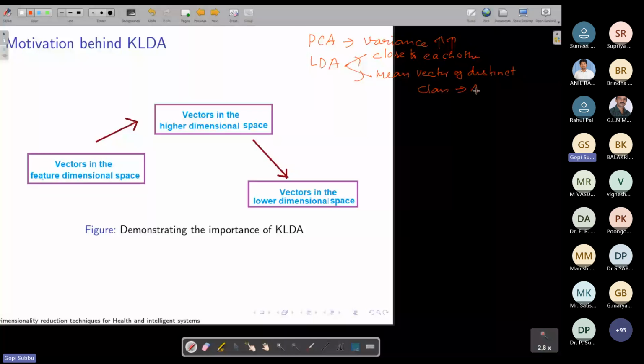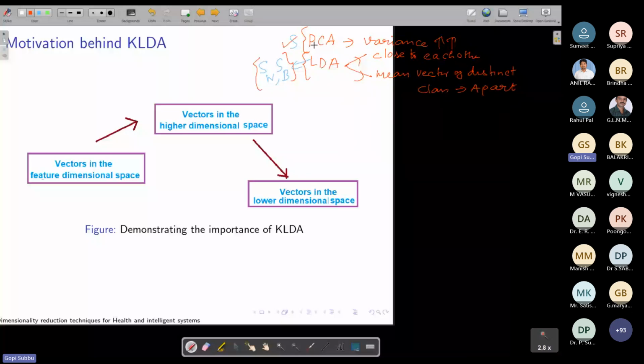PCA has only one scatter matrix, but LDA is going to have two: SW and SB. You know the procedure. We find the scatter matrices, find the eigenvalues, select the significant eigenvalues and the corresponding eigenvectors, then construct the transformation matrix and do the projection.